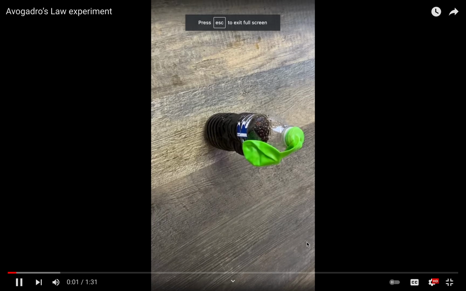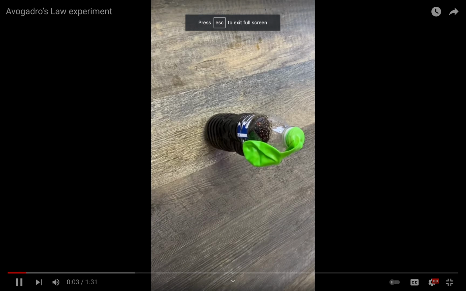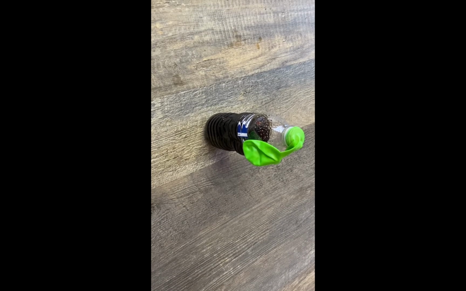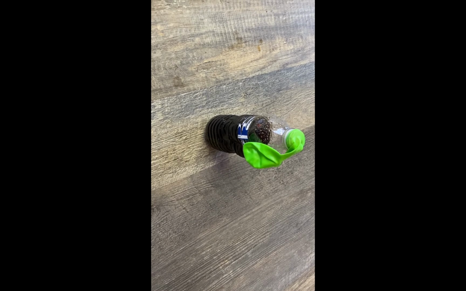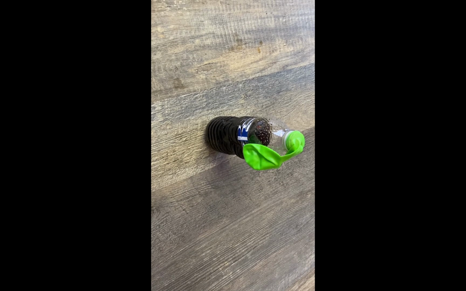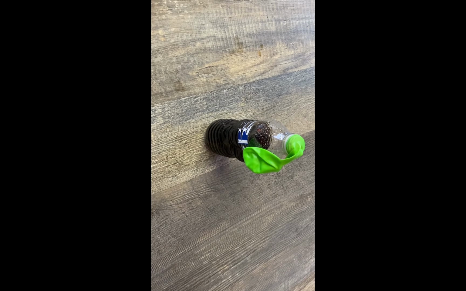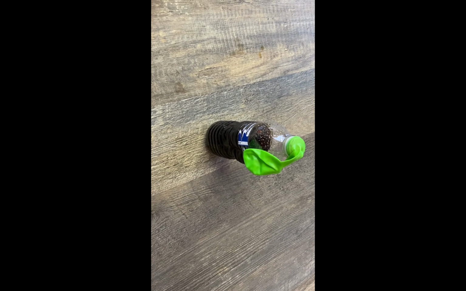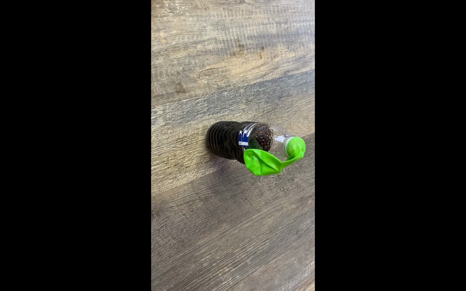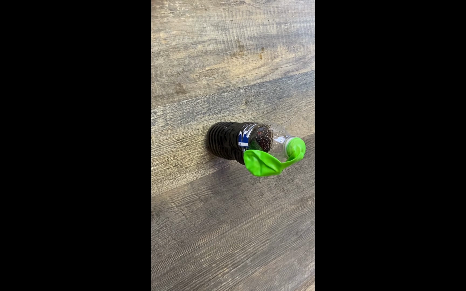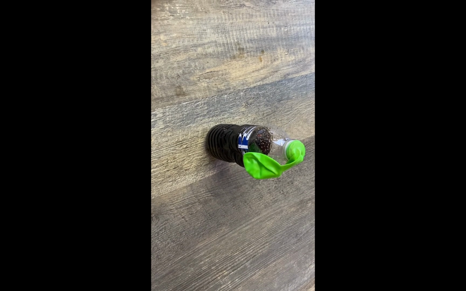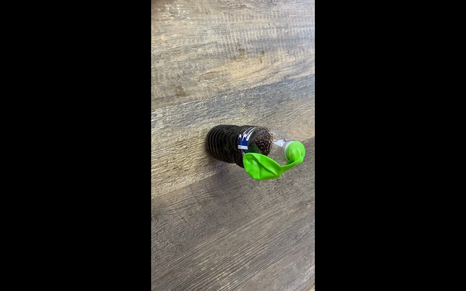So this experiment right here with the balloon and the bottle of soda, the Coca-Cola, will basically demonstrate Avogadro's law. His law states that equal volumes of all gases at the same temperature and pressure have the same number of molecules. So for a given mass, the volume and the gas are proportional if the temperature and pressure are basically constant.